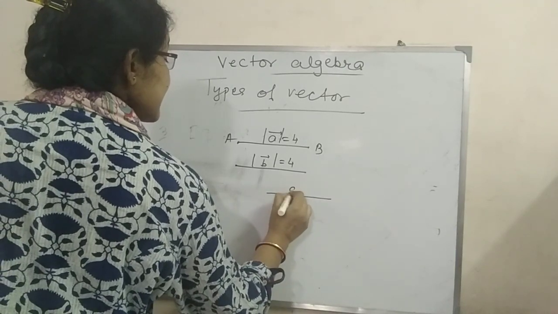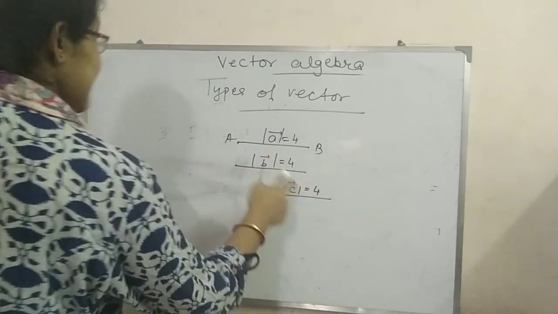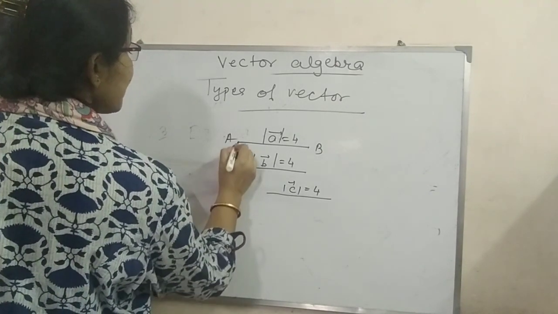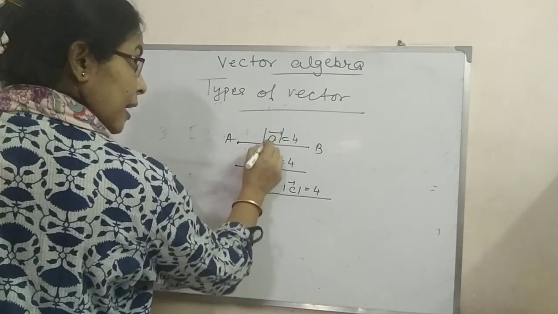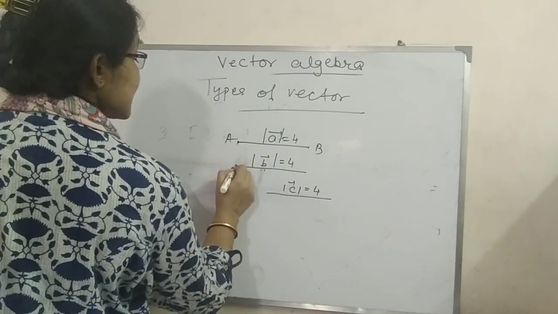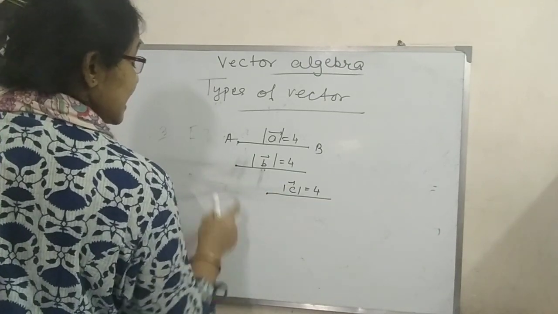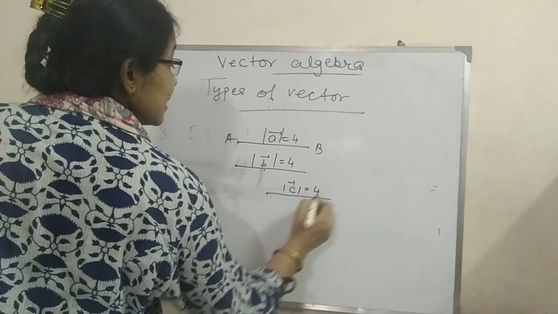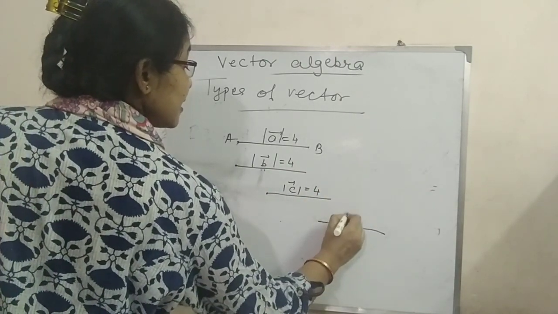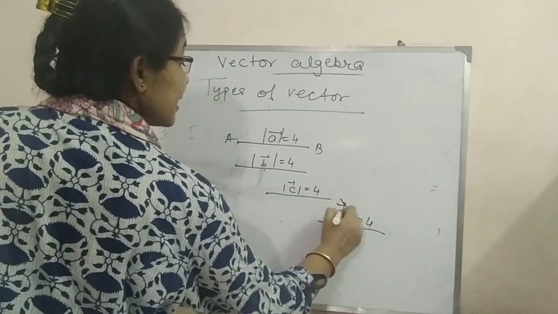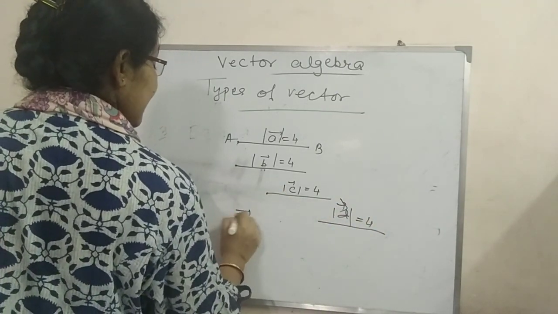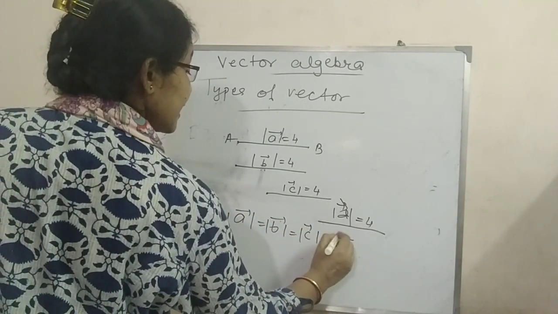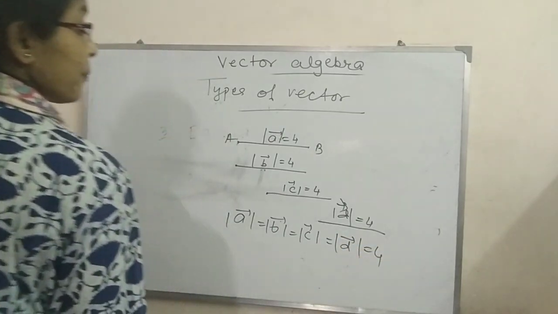Here this is vector C. Here the magnitude is the same, but the initial point is different. This is a parallel vector. The initial point is different, but magnitude and direction are the same. If vector D equals 4, that means vector A equals vector B equals vector C equals vector D, which equals 4.